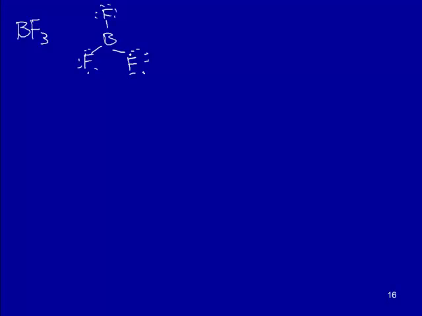So how about we look at it from a valence bond theory perspective. Now if you're looking at boron, we'll have the 2s, we'll have the 2p, and let's draw it slightly differently this time around.